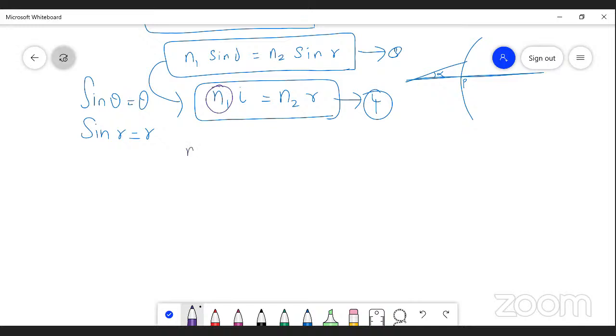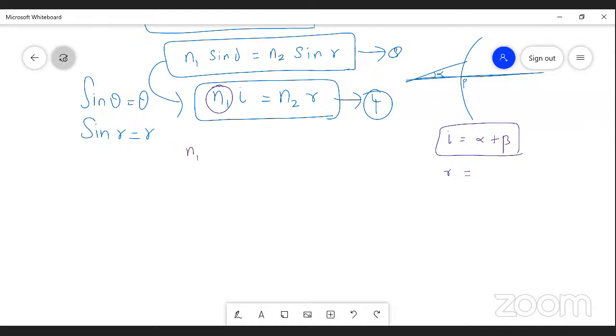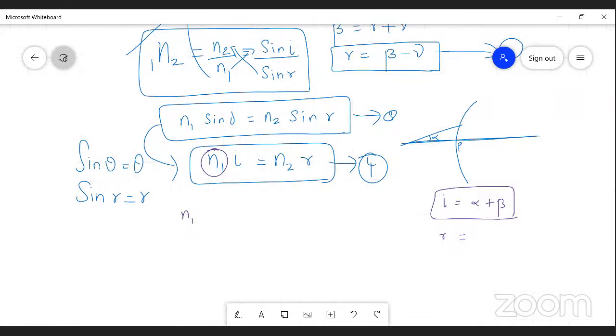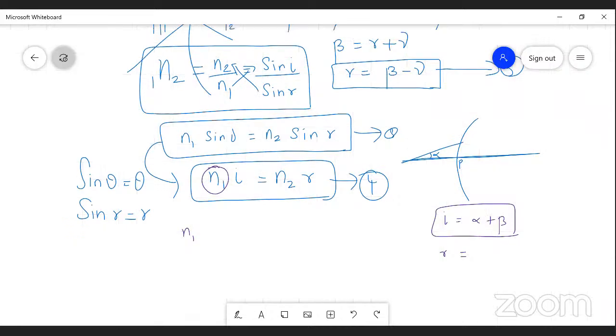What is the I value? I is equal to alpha plus beta. What is the R value? See this diagram: R is equal to beta minus gamma.